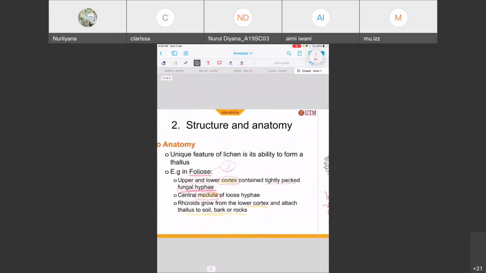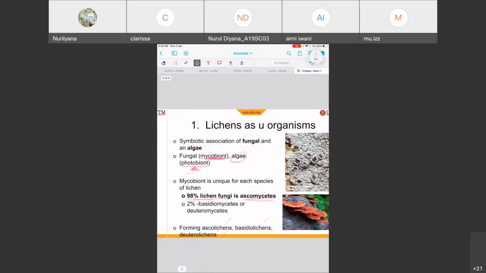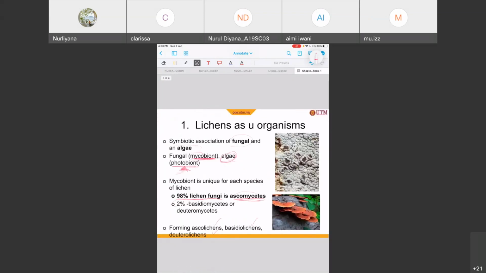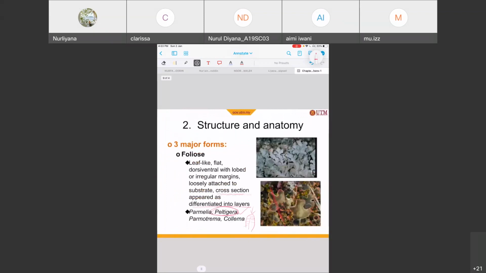If you go back to the first slide here, it says 98% of lichen fungi is ascomycete. And basidiomycete and deuteromycete are the types of species that can make up lichen, right? So these might have different reproduction life cycles. Because of that, we cannot say it as vegetative.